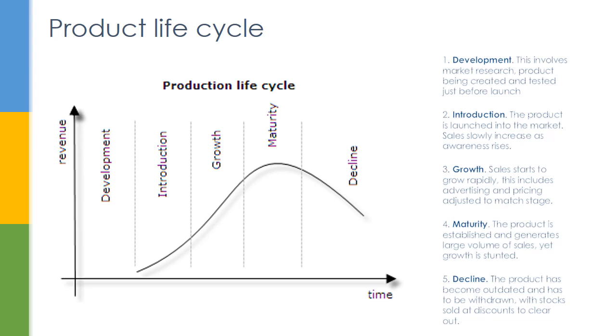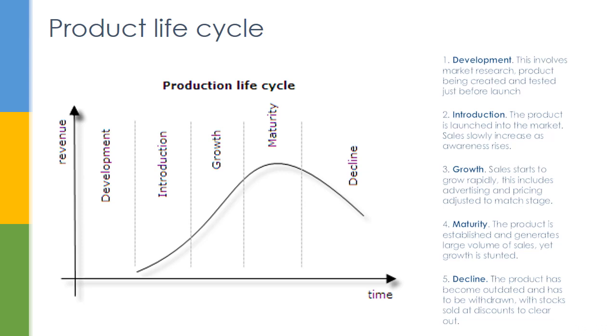So once the product is launched, it enters the introduction phase, where sales slowly increase as consumers become more aware of the product. And then you enter the growth stage, where sales start to grow rapidly as more consumers are aware, and advertising and promotions are heavily increased to match this stage.